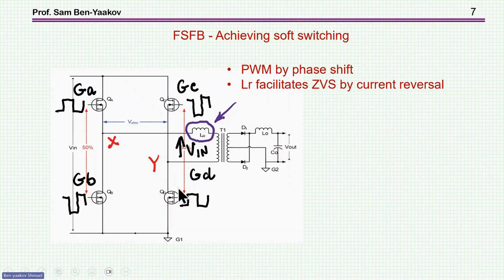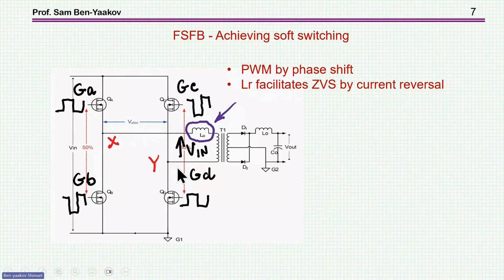Duty cycle is not generated by turning this transistor on for a short time and then off, not in a 50% duty cycle, but changing the duty cycle. This will be in the regular way. Here, it is done by shifting the phase of the pulses from side to side, as I'll show in a second. So I'm now going to talk about these 2 points, the midpoint, X and Y.